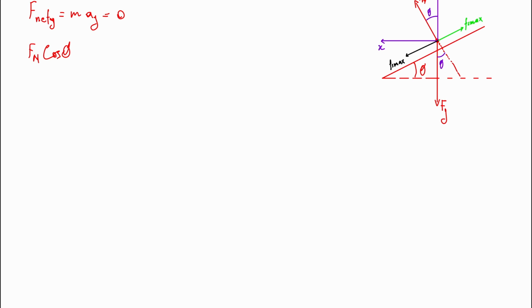And the other force that exists here is going to be the force of gravity. Notice the force of gravity points in what we've designated as a negative direction, so we will preface it with a minus. Then that's Fg. And then this will be equal to 0. Then we can say that the normal force in this case is going to be given by Fg divided by cosine of theta.